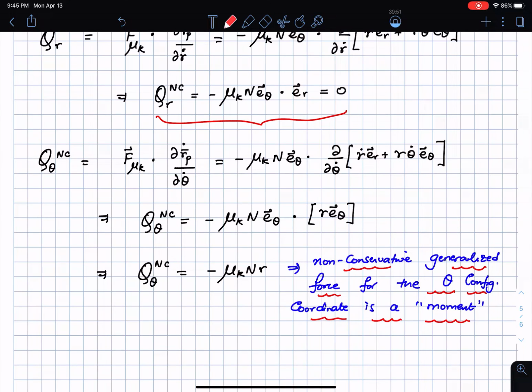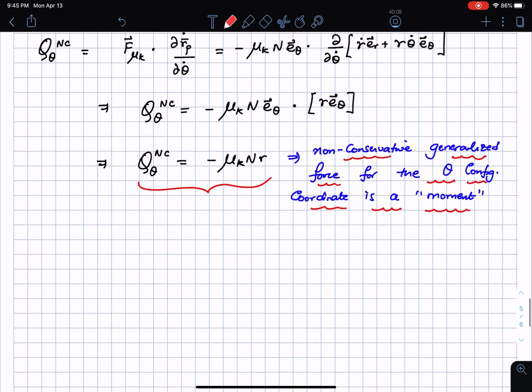You can see that it has units of Newton meters, which makes perfect sense. This of course would have ended up being a force if at all, if it were not zero, but here this is a moment.